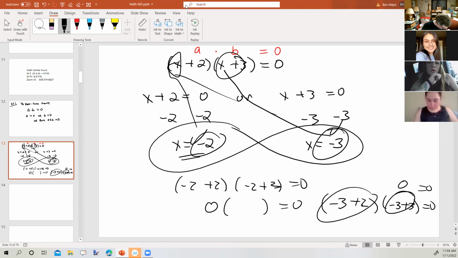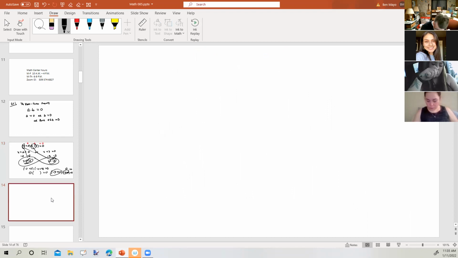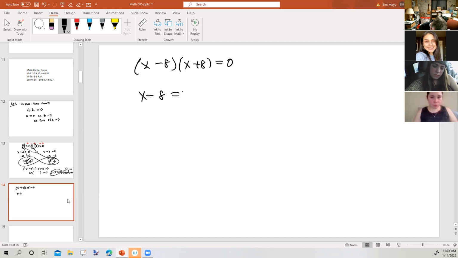Okay, let's take a look at another example. (x - 8)(x + 8) = 0. Once again, it's in that form of A times B equals 0. So that means x - 8 = 0 or x + 8 = 0.